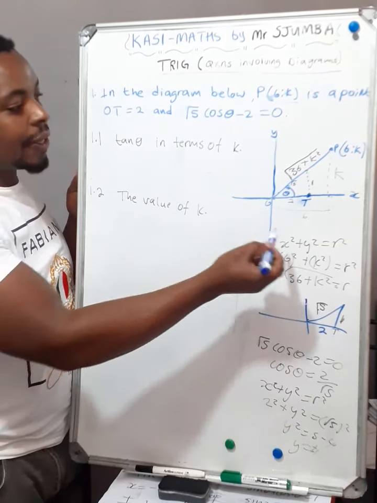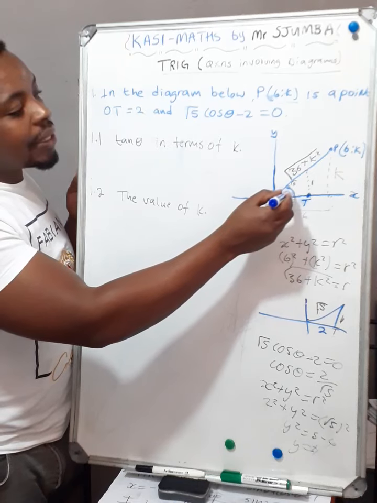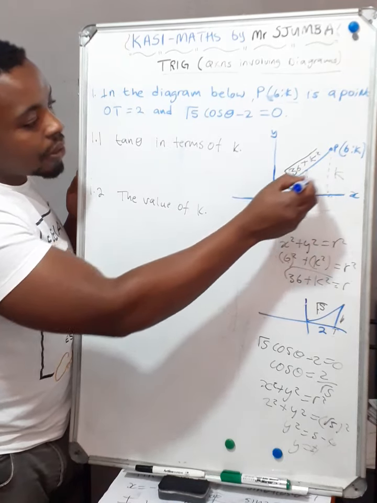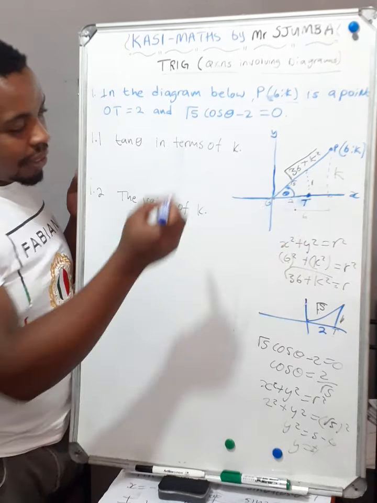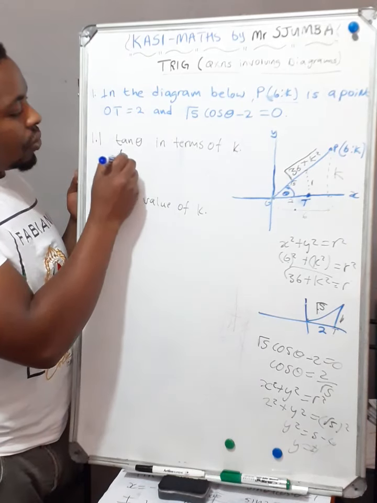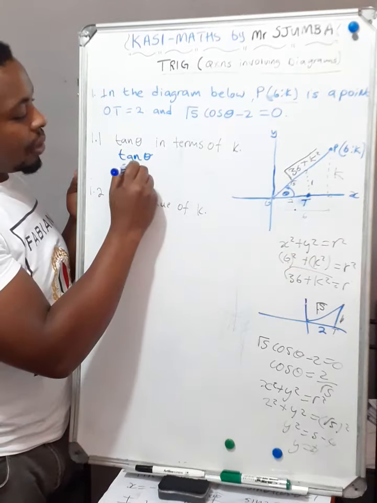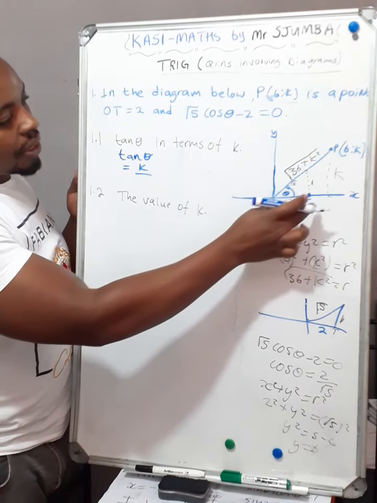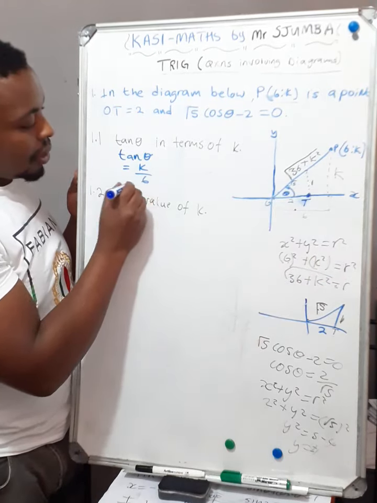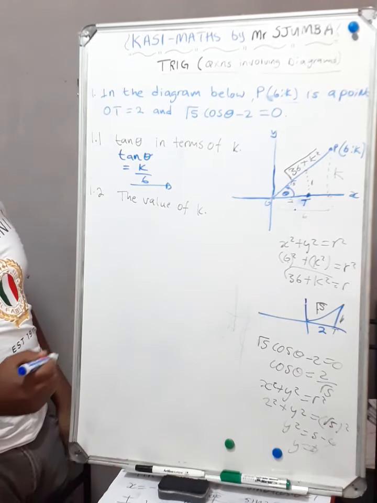So with the big diagram, tan theta is opposite over adjacent, right? So tan theta will equal opposite over adjacent, k over 6. So tan theta will equal k over 6.